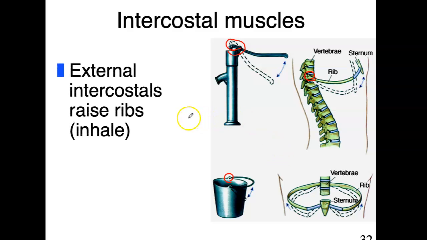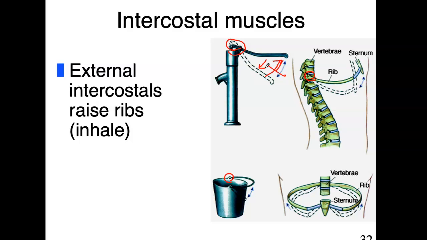The external intercostals are going to raise the ribs. They're going to come up this way. And you're going to inhale because you've enlarged the box, and air is going to come in. And then if you were to just release that, it's going to drop right back down again, and the elastic tissue in that lung is going to allow it to go right back down.